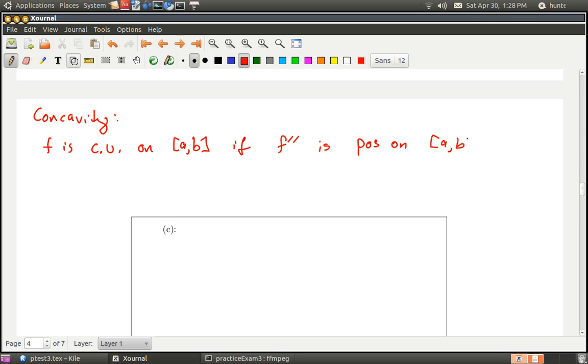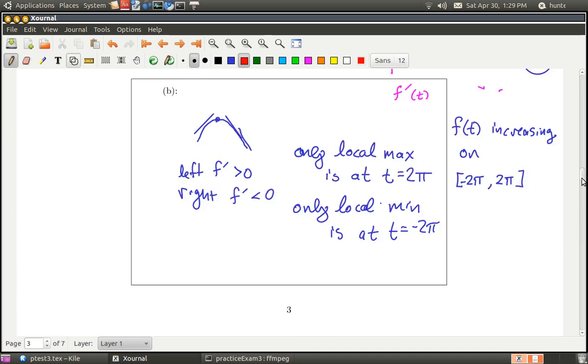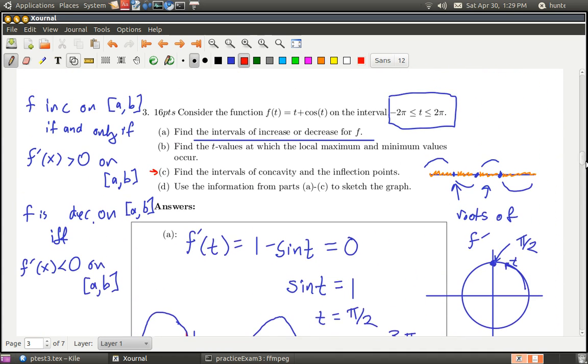And f is concave down on AB if the second derivative is negative on AB.